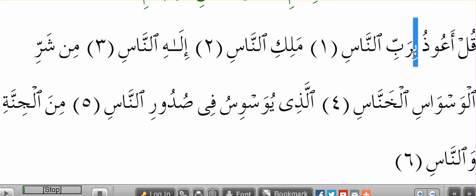Is it Muhammad sallallahu alaihi wasallam, or is it Angel Jibreel? It's Allah. Allah is Lord of mankind. Say, I seek protection in the Lord of mankind. Bi Rabbin Nas, in the Lord of mankind.